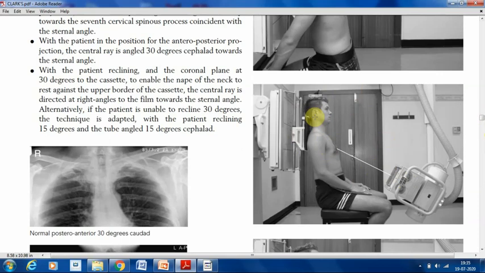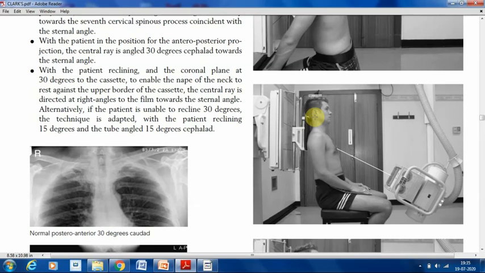The other radiography will be PA, here it will be AP. The angulation is the same, one is cephalad, one is caudal. The entering area is the same for both. The other one, I already said, is 15-degree angulation by the patient and 15-degree angulation by the tube. In all three radiographies, the central ray will be at the level of the sternal angle only. Okay, this is the view.